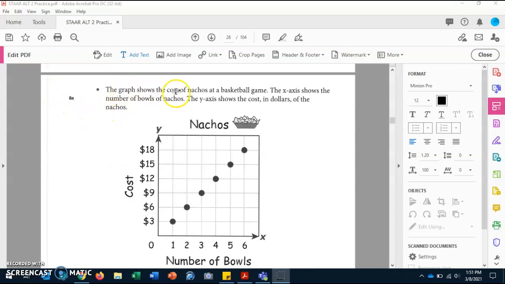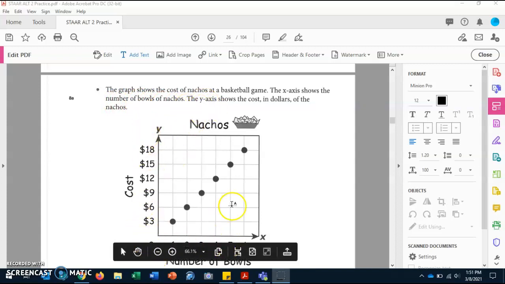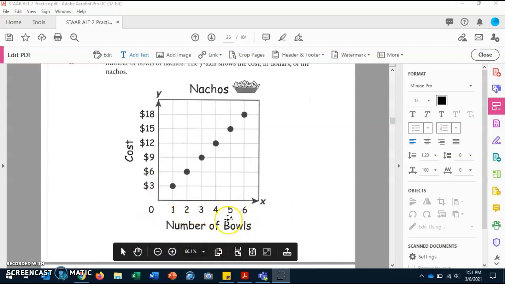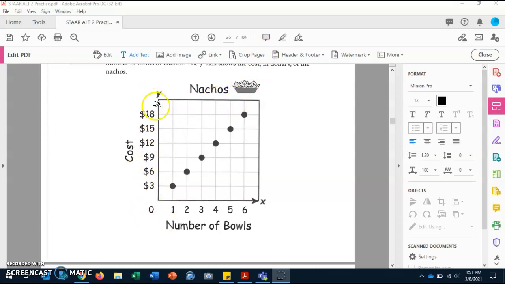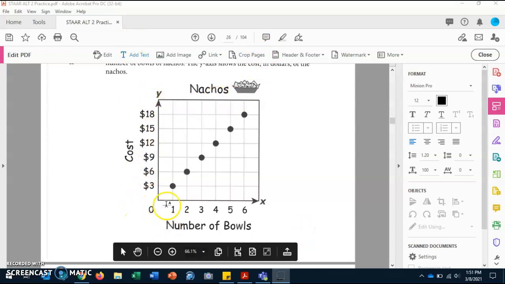Now to number 8. The graph shows the cost of nachos at a basketball game. The x-axis shows the number of bowls of nachos, and the y-axis shows us the cost in dollars of the nachos. So here, the cost, and here, the number of bowls.